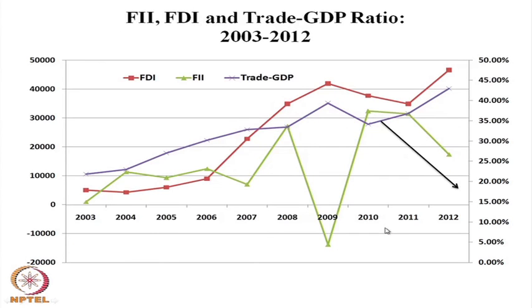Otherwise, from 2003 to 2012 there is significant improvement in FDI and FII, and also fluctuation in FII investment because of the world recession phase. However, the trade-GDP ratio significantly increased over the years, to more than 40% of GDP. So, this is a clear path that the Indian economy is on the verge of high integration with the world financial system.